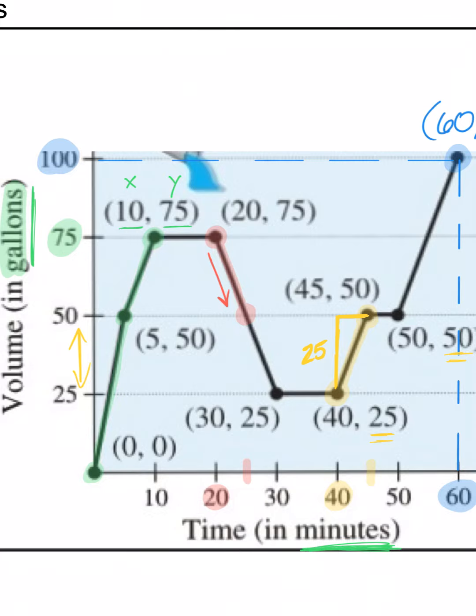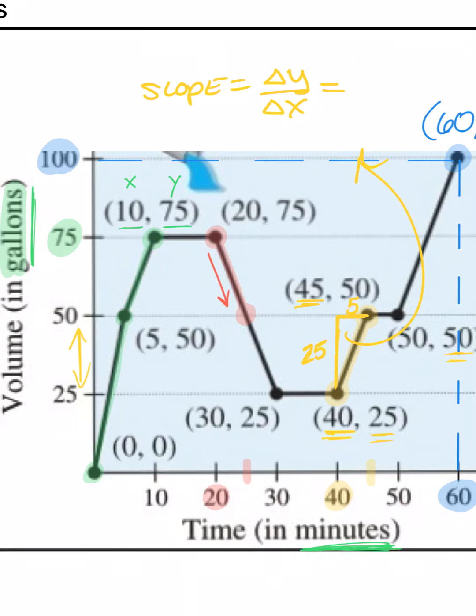Now let's find the x change. The x goes from 40 to 45, which is just a change of 5. If we look at this slope triangle, slope is the change of y over the change of x.